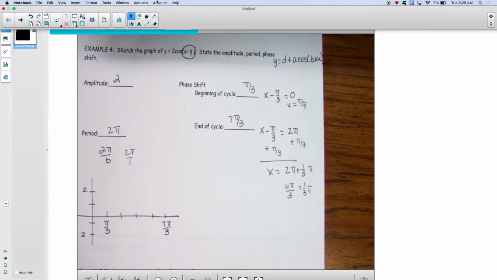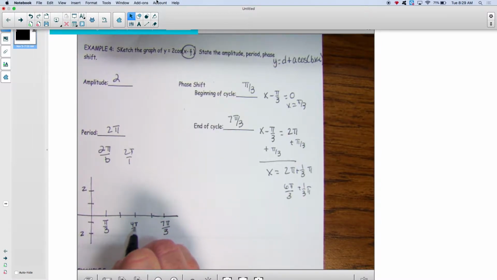We need to figure out what's halfway between pi over 3 and 7 pi over 3. How do I do that? It is 4 pi over 3. How'd you get that? In the middle of 1 and 7. 7 plus 1 divided by 2 gives us 4.